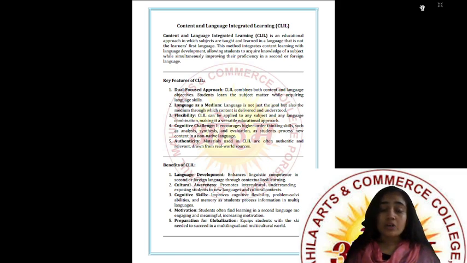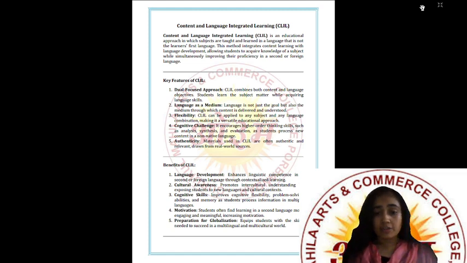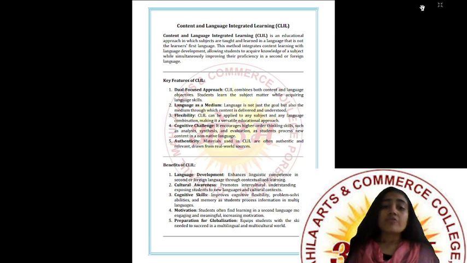So what will happen is that your brain will be challenged, your intellect will be challenged, and so you will be able to analyze, synthesize and evaluate your progress or your process with the content in the non-native language, or in the language which you don't know.